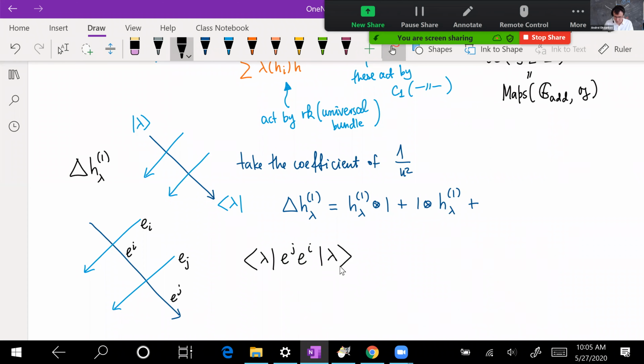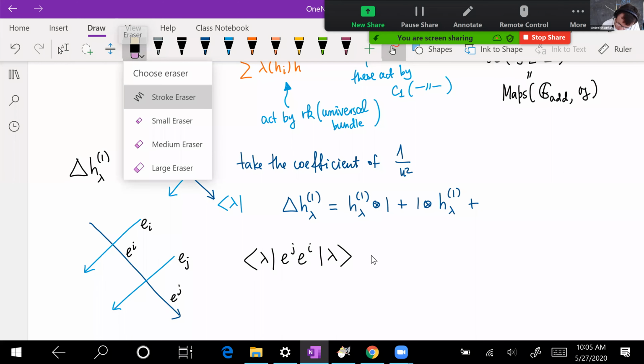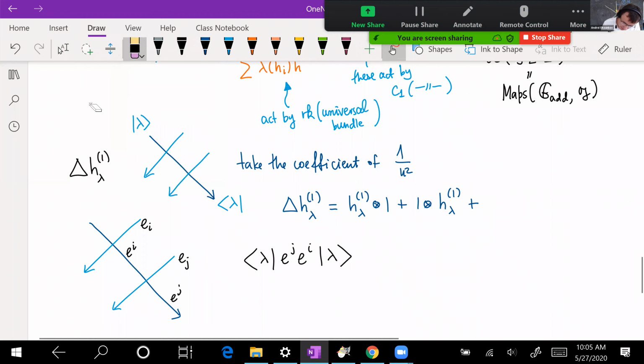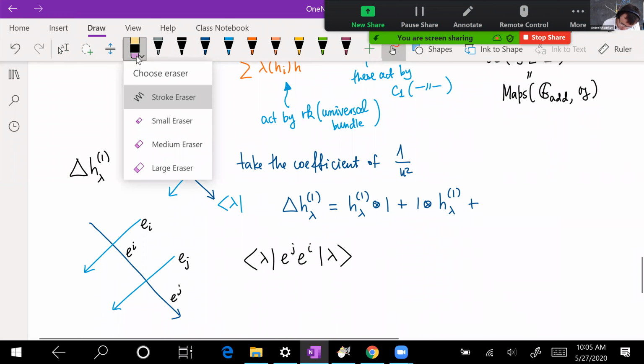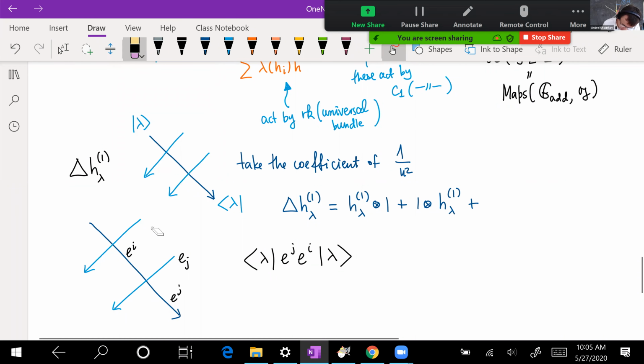Right. All right. And let me make it closer to more traditional notation in Lie theory. Let me do it slightly differently.